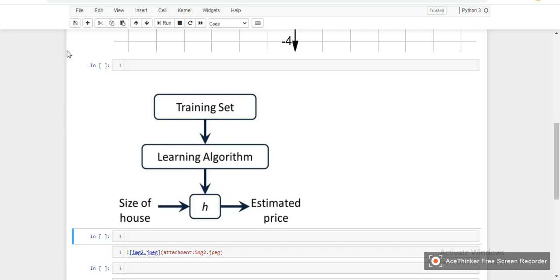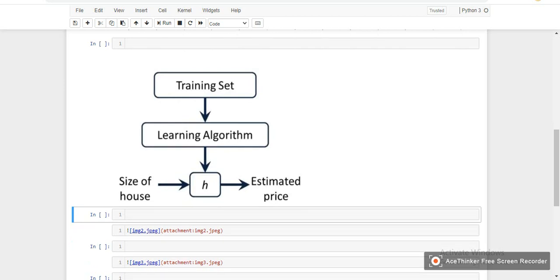After training, this model can predict the unknown values for given data. In every machine learning algorithm, we build the model and train that model with the data. So let us see how this model building and training works.